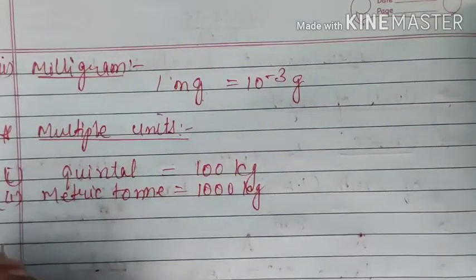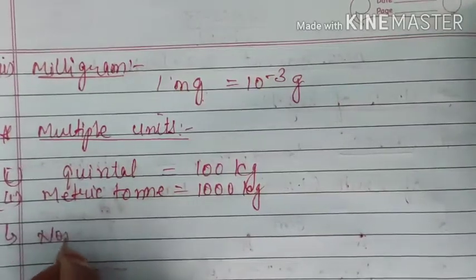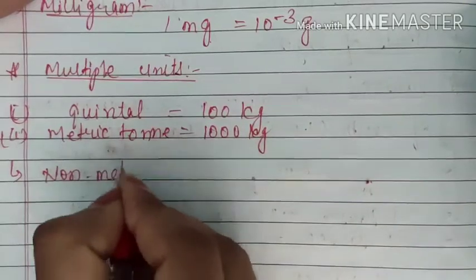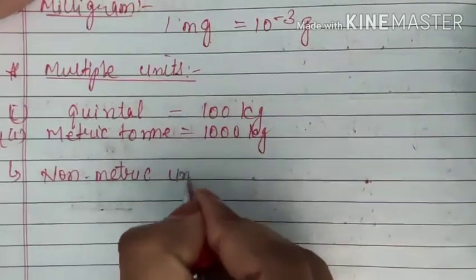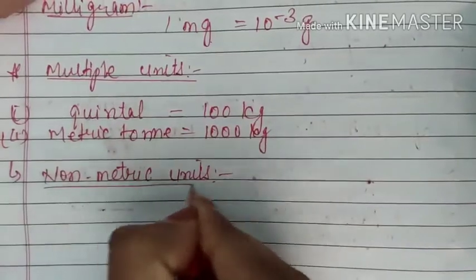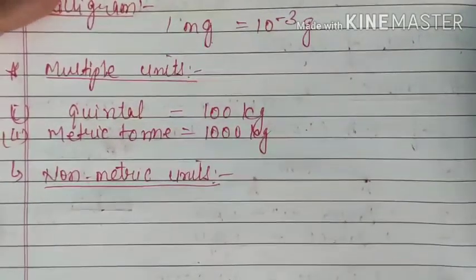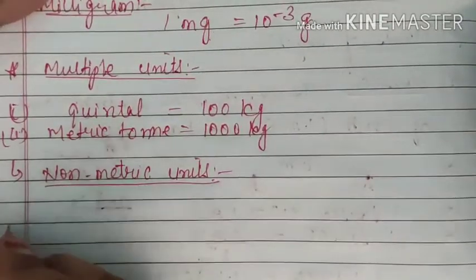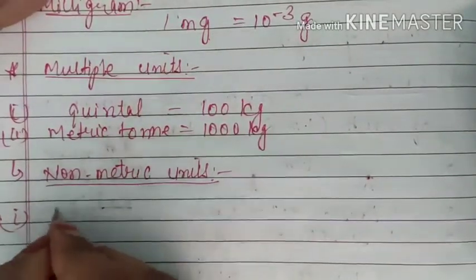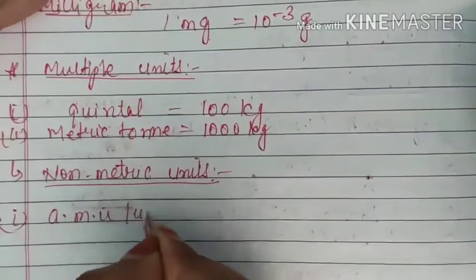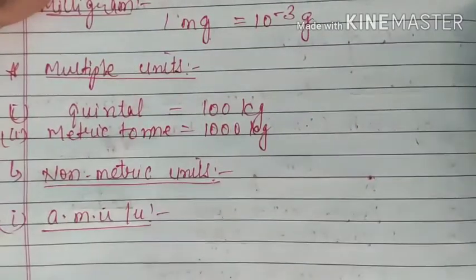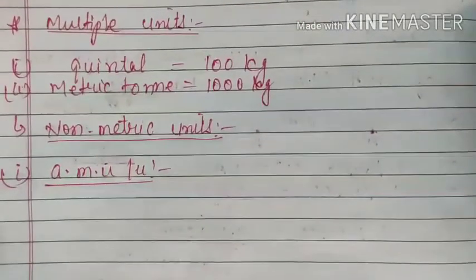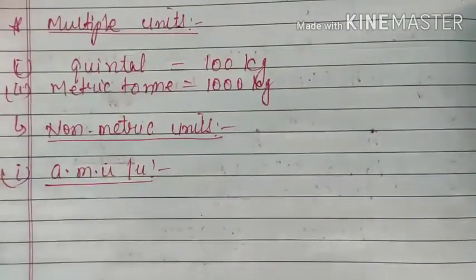Then some non-metric units we have to see. Non-metric means which will not depend directly on kilogram. So only one non-metric unit is given, that is AMU, which is nowadays also denoted simply by U, that is AMU or U. This is nothing but the same atomic mass unit which we use in chemistry, the same atomic mass unit which we are using in the mole concept.